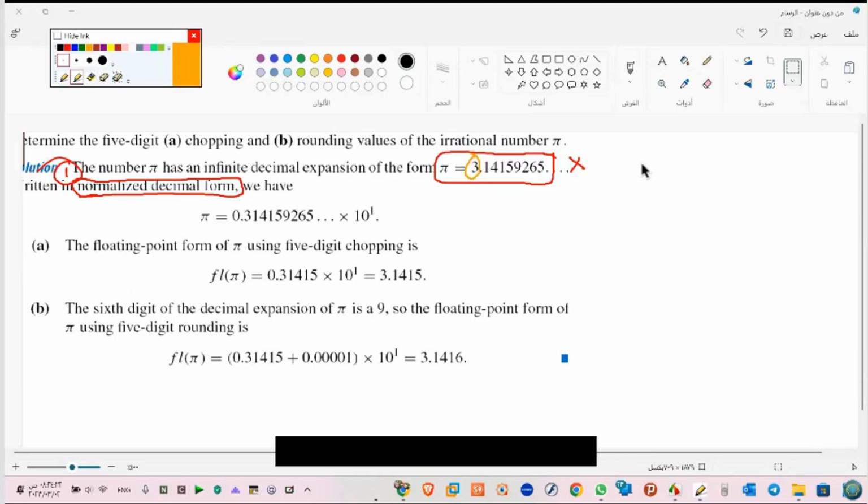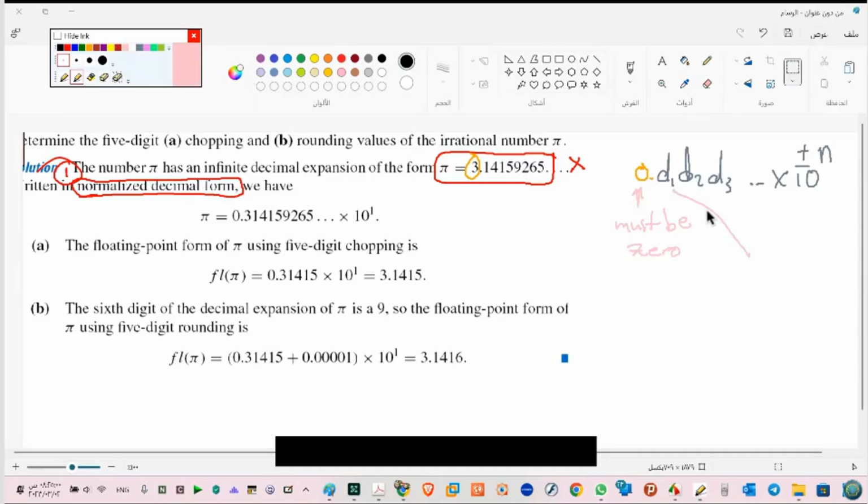Normalized decimal form says it must be 0 dot, then D1, D2, D3, times 10 exponential positive or negative n.